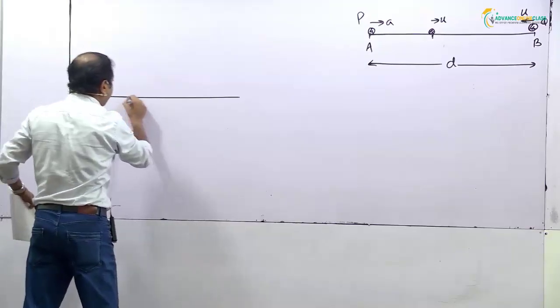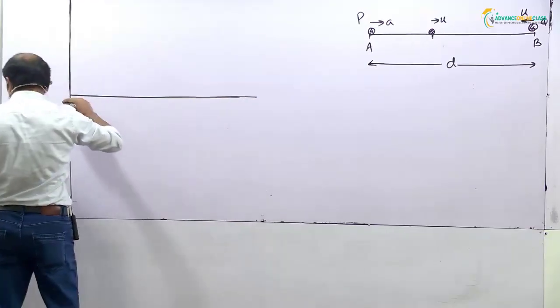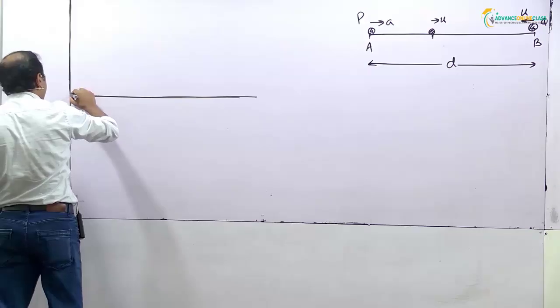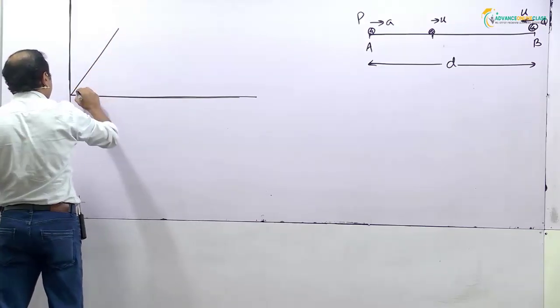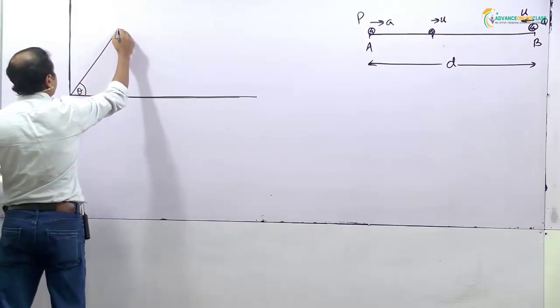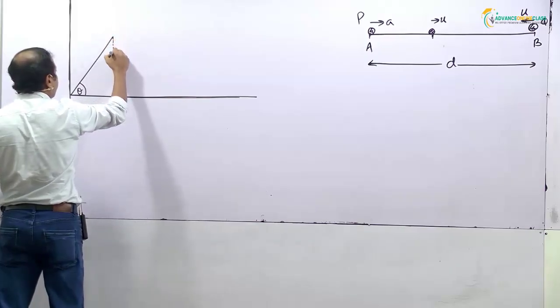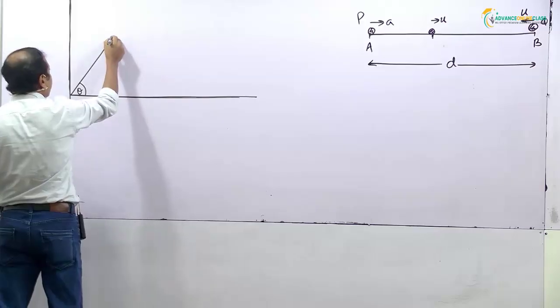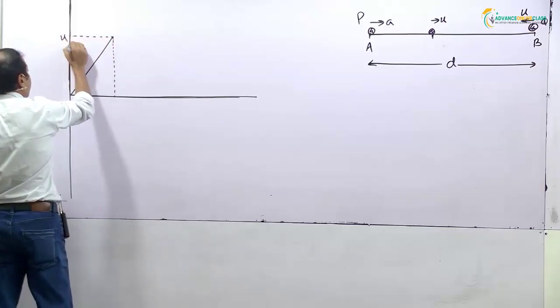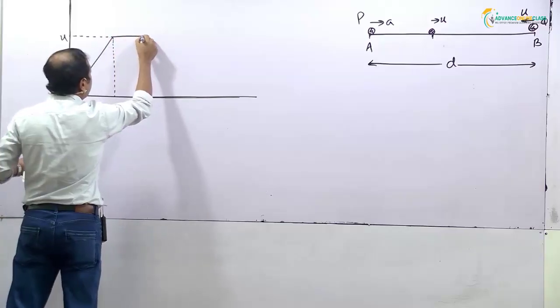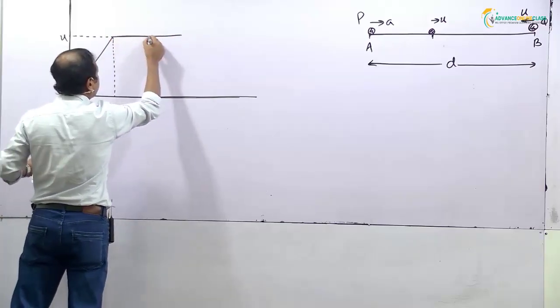Now P moves this way. P has accelerated motion, moves with the acceleration A, tan theta. Then it takes the velocity U. Then it begins to move with uniform velocity U thereafter.